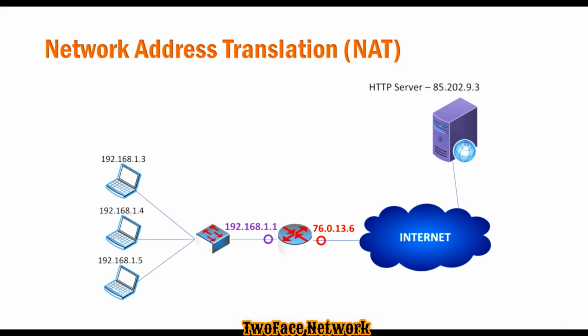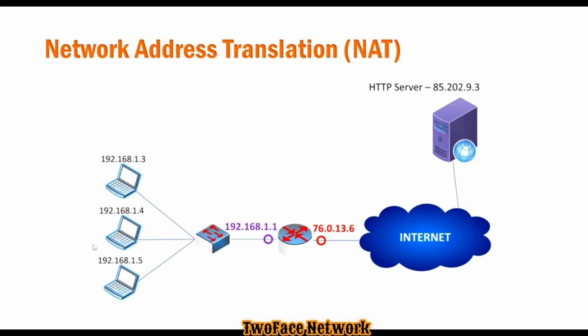And we're going to give it this address, 76.0.13.6. So this is definitely a public IP address. It doesn't belong to any of the 3 ranges we've talked about on the last slide, and it's not a reserved IP address, so we can use it freely as a public IP address.